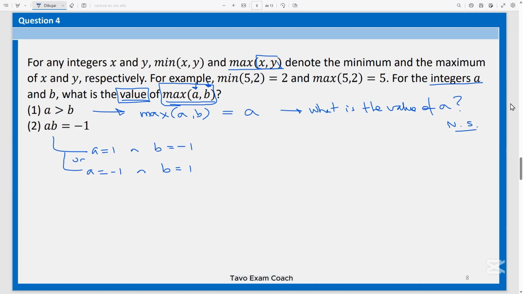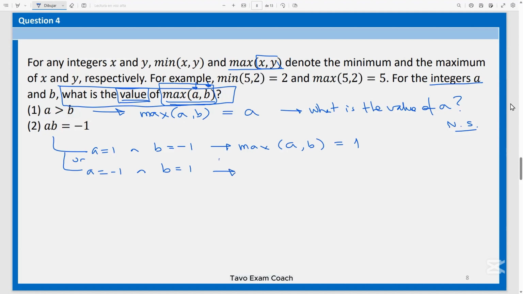So if we evaluate case by case to verify whether these different cases yield a different answer to the main question, then in the first case, the max of A and B would simply be 1, because 1 is the greater of the two values.